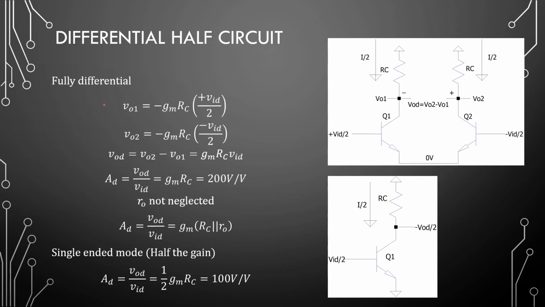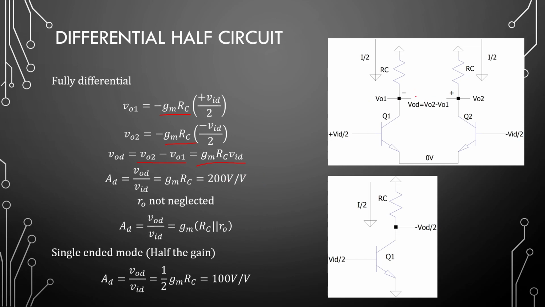Right, the next step is the differential gain. So if we insert plus VID over 2 and minus VID over 2 here and find our two output voltages, we will find that it is GM times RC on both sides, and doing the subtraction V out 2 minus V out 1, we get GM RC as our gain.